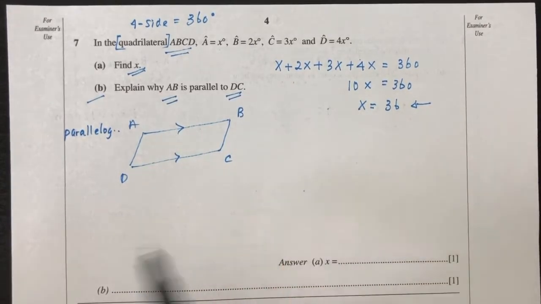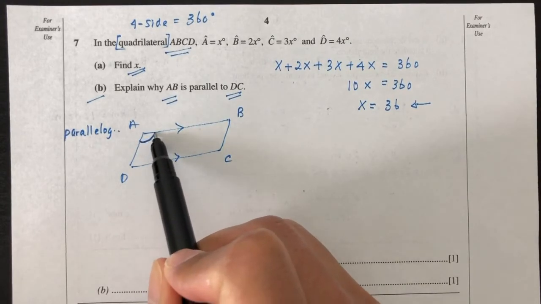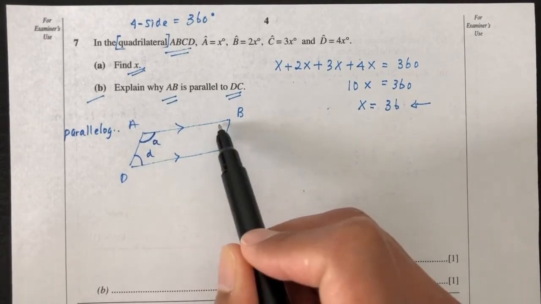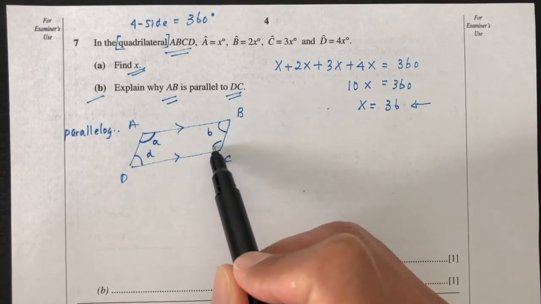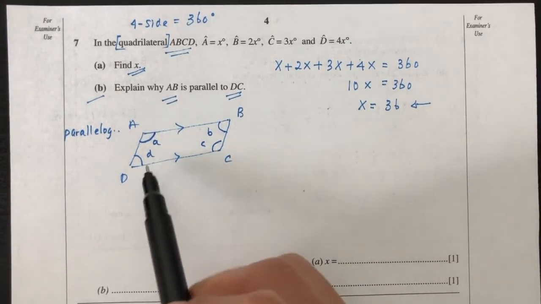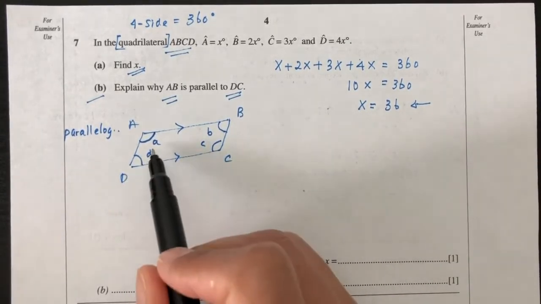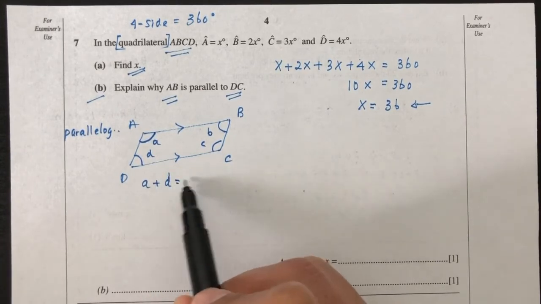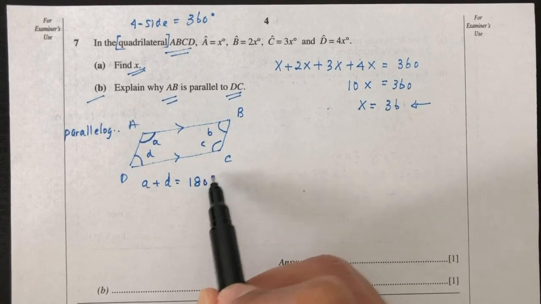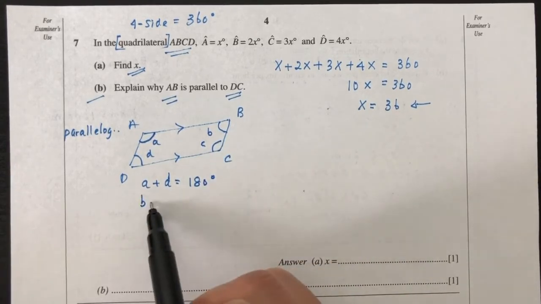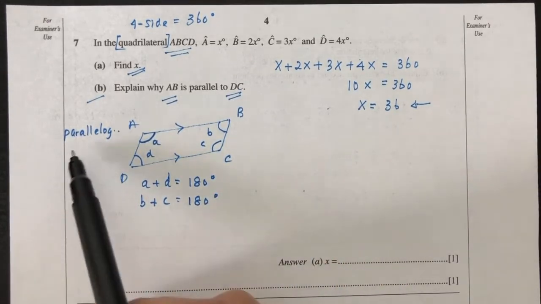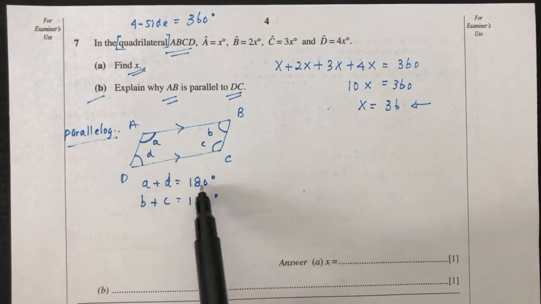One of them: let's call this angle A and angle D, and this one is B and C. One of the properties you can prove is that A plus D is always equal to 180, and also B plus C is equal to 180. That's one of the properties of parallelograms. If you can prove that, then you're good.